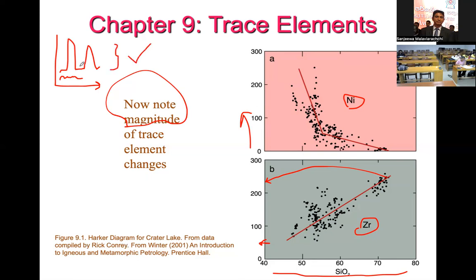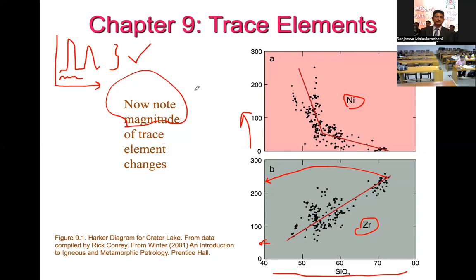So that's why trace elements are considered important components in igneous systems. I think now you can understand that the sensitivity to changes in geochemical processes is mainly reflected by trace elements rather than major elements.